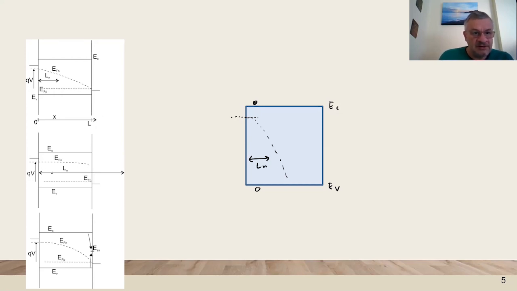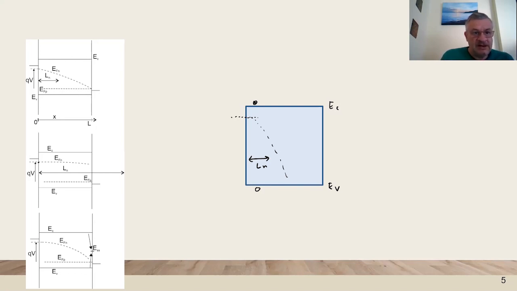But if the diffusion length is longer than the size of the semiconductor thickness, then they will reach the end, provided that here there is a reflecting boundary so that the electrons are not absorbed or lost here.